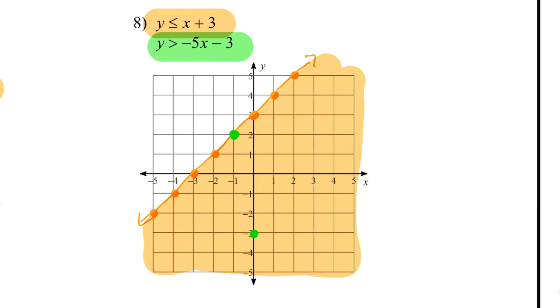And then that's going to be a dotted line because there's no equality there. And then because y is greater than that, it's going to be shading above the line, and so that will be over here.